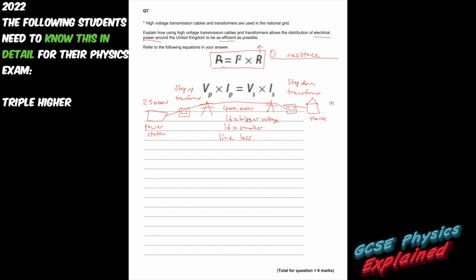So one way that we reduce the power loss is by reducing the current, and that's where the step up transformer at the start and then the step down transformer at the end comes in. Right, I'll show you how to write that.